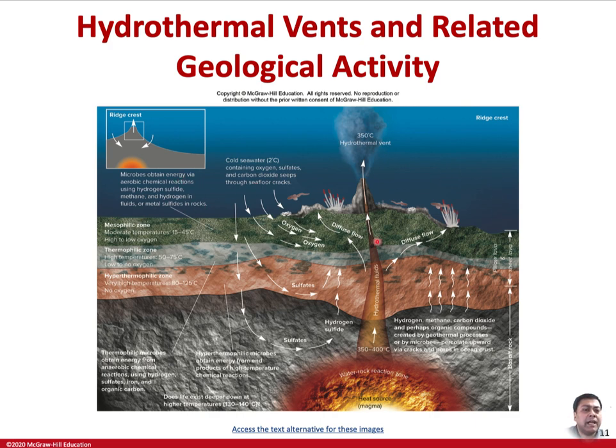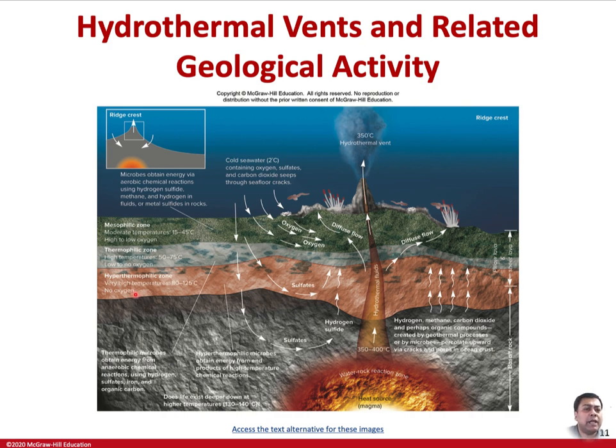Then there is another zone right here, shown as the mesophilic zone, which is moderate temperature, about 15 degrees Celsius to about 45 degrees Celsius. This is high to low oxygen, and microbes obtain energy by aerobic chemical reactions using hydrogen sulfide, methane, and hydrogen in the fluids, or metal sulfides in the rocks. These are some of the examples.